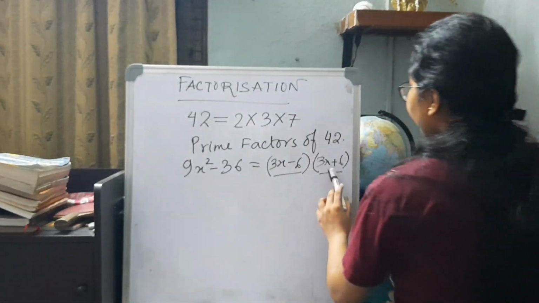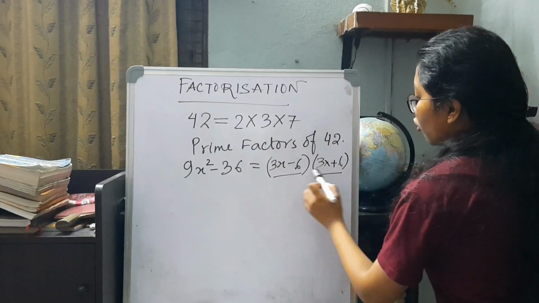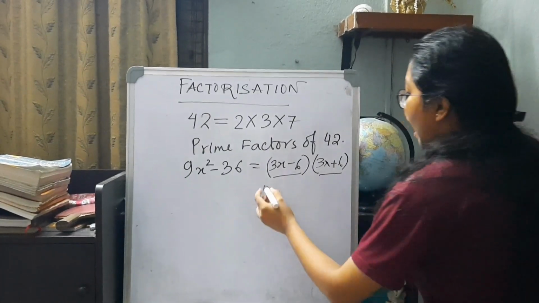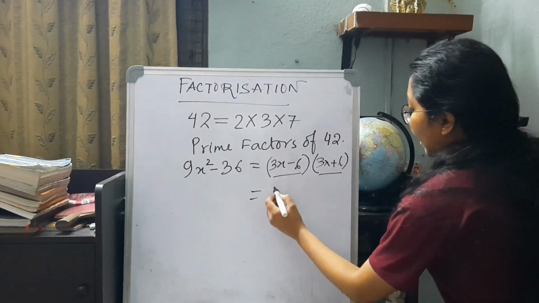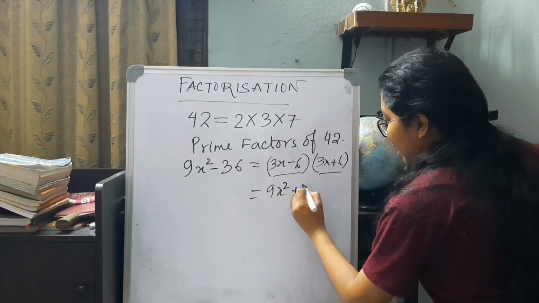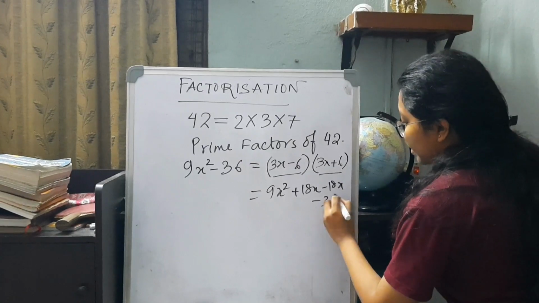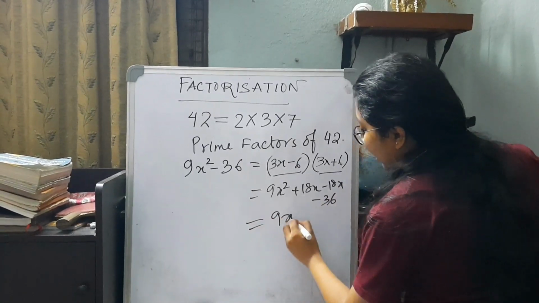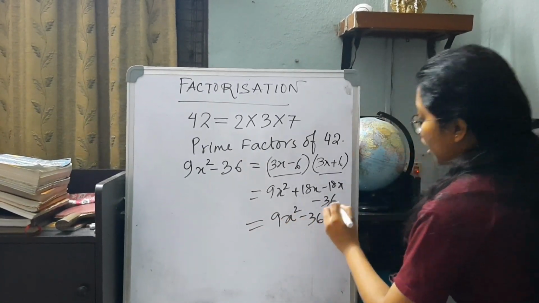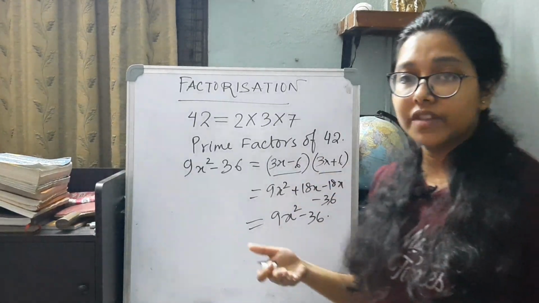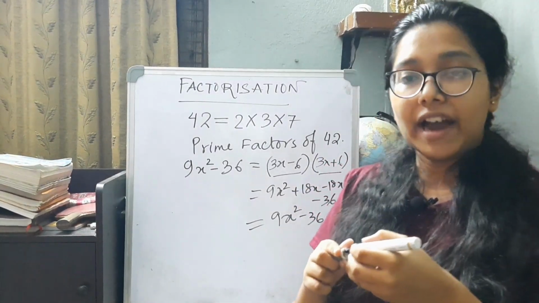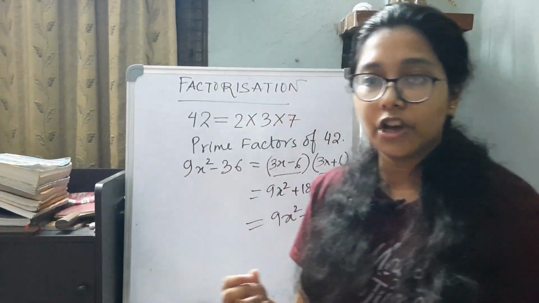The moment I multiply them, I obtain 9x square plus 18x minus 18x minus 36, that is, the original expression. So factorization is the reverse of multiplication.